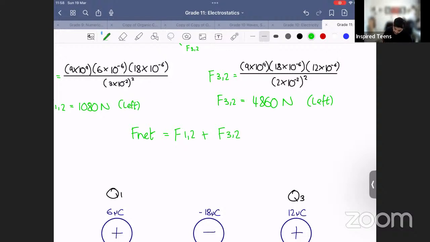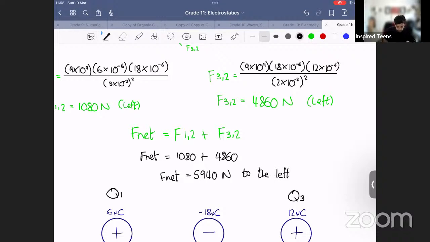So here we add them. So F net is equal to 1080 plus 4860. And we get our final answer that F net is equal to, I trust your calculations, 5940 newtons to the left. That we will put direction for.